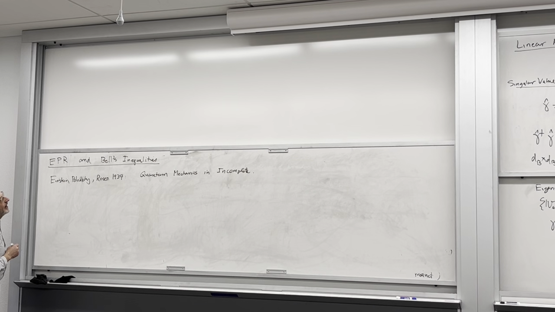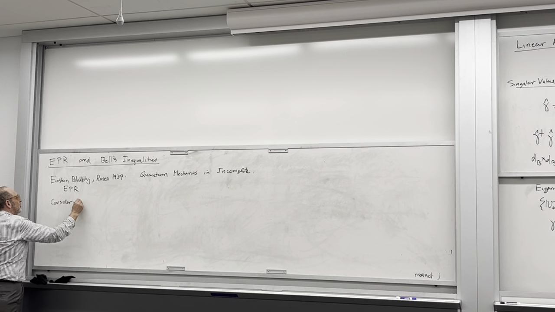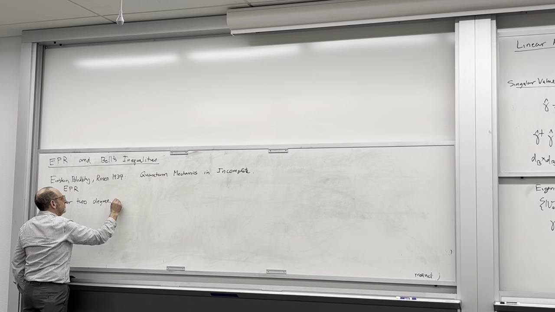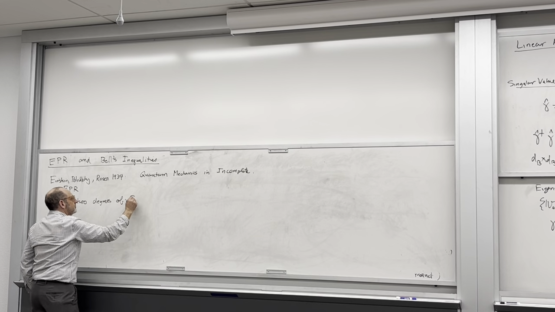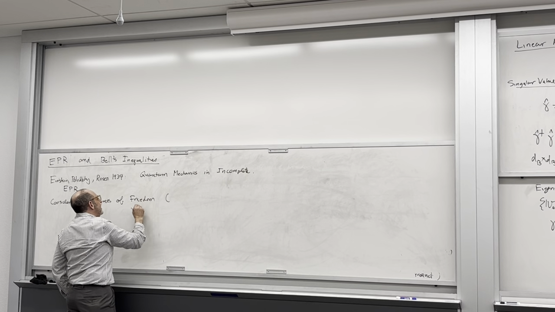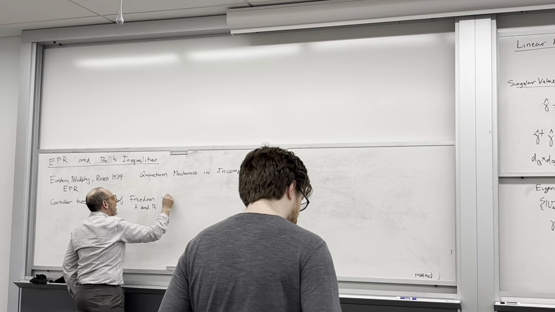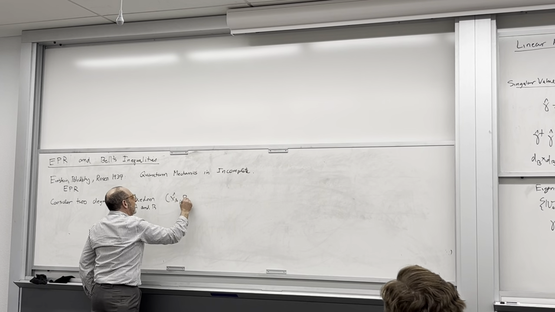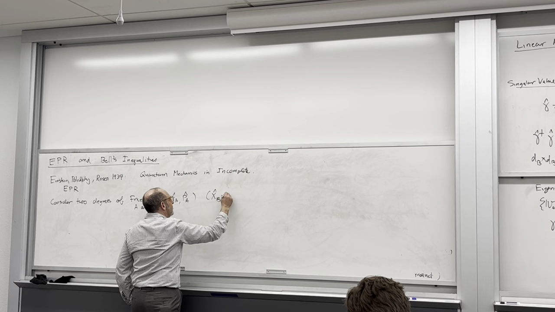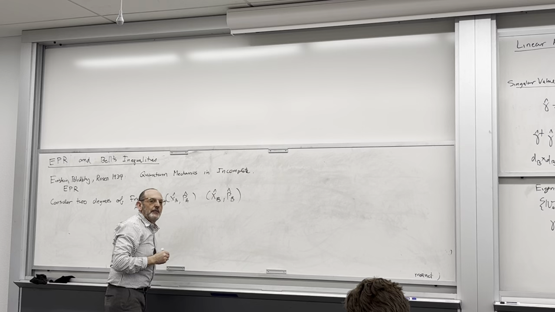So the idea, what EPR considered, said, hey, look, let's consider 2 degrees of freedom, described by, say, A and B, each one described by some position and some momentum, which have observables X and P associated with them. Okay.